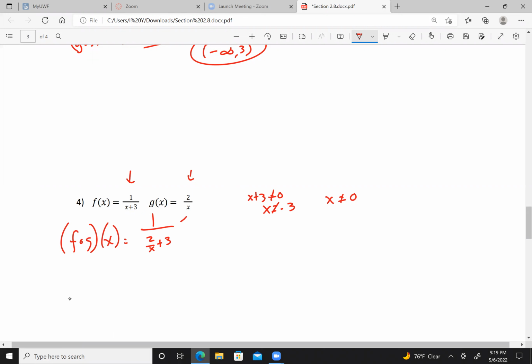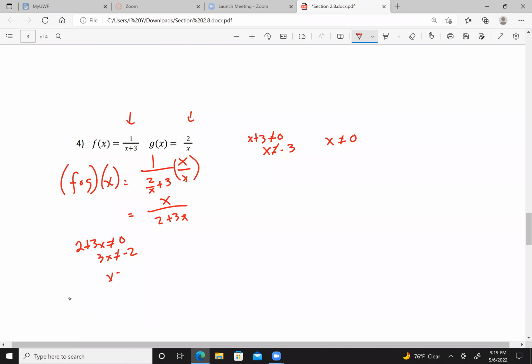If I multiply this by x over x, I get x over 2 plus 3x. So now I have a fraction with a variable in it, which cannot be 0. So I say 2 plus 3x cannot equal 0. 3x cannot equal negative 2. X cannot equal negative 2/3.